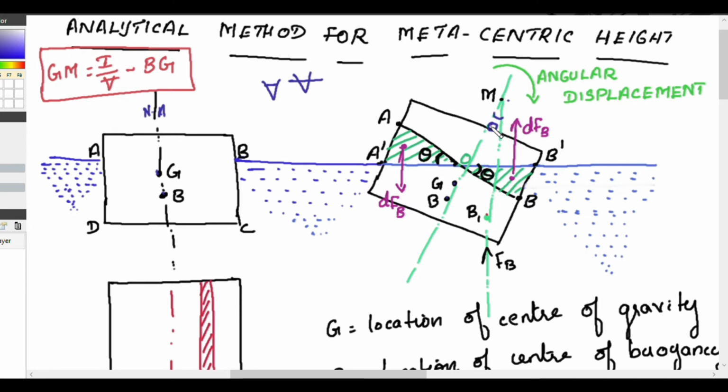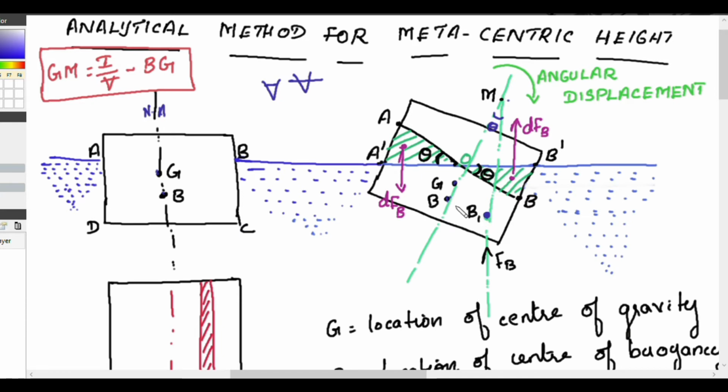So the body gets tilted. The center of gravity lies along the normal axis, and the center of buoyancy gets shifted from B to B1.